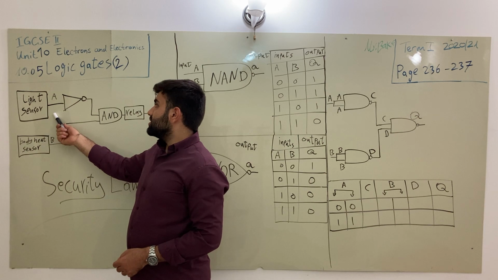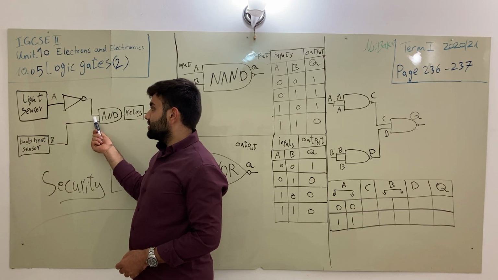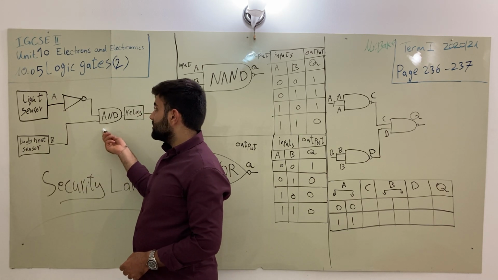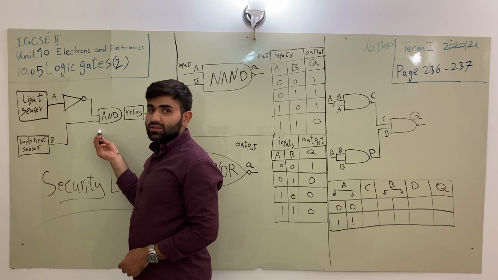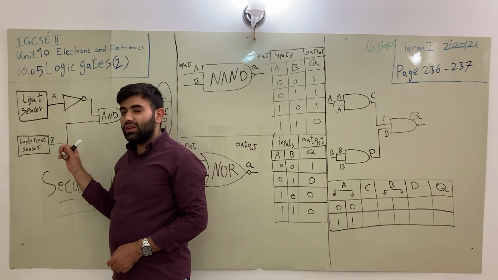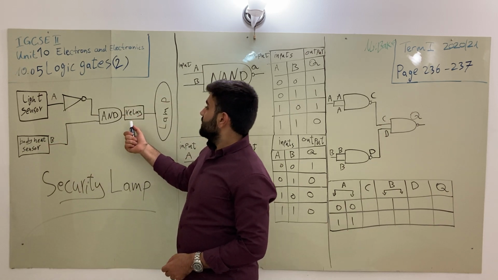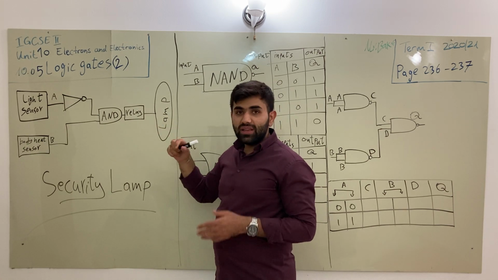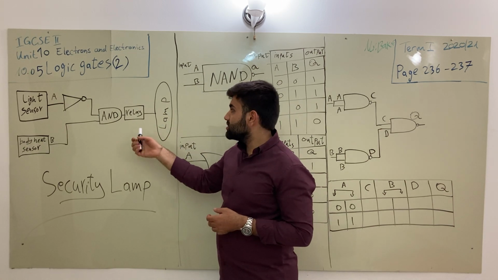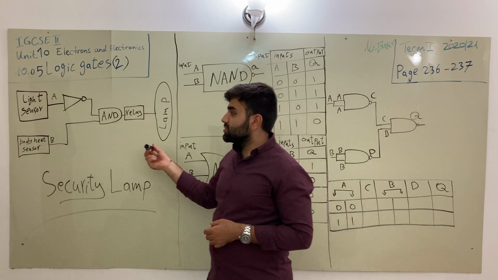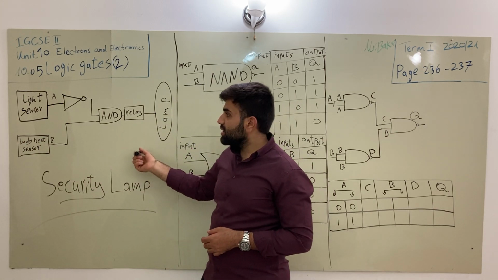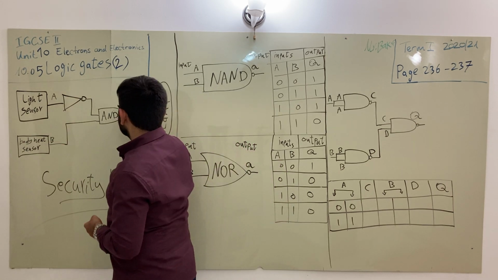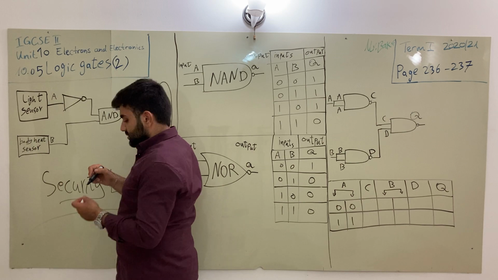So if I put 0 here, it will become 1 here. And if someone comes in the body heat, the AND will what? Just in one case, 1 and 1 will give us 1, right? So going back to the relay, it will switch on, make the electromagnet pull the switch and turn on the lamp. So try to do this truth table for A, B, and let's say here is Q, the output.